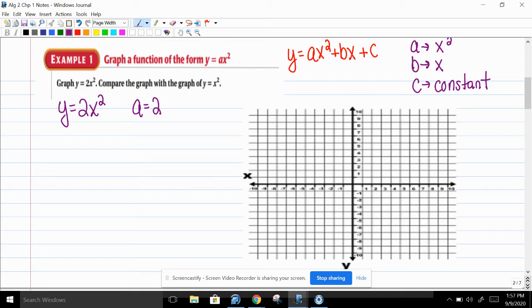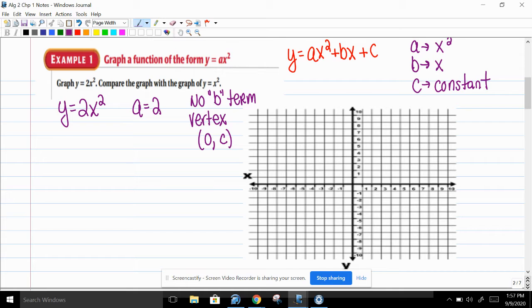Now, the little hint is when there is no b term, the vertex will be at 0, whatever c is. If there is no b term, the vertex is going to be at 0, whatever c is.